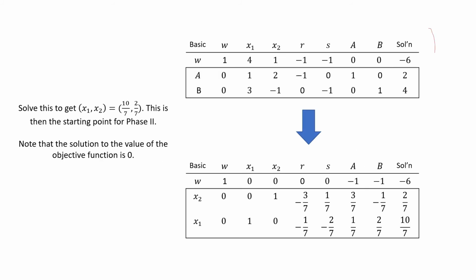So here's what we had for our objective function, or our tableau, at the start of phase 1. When you solve it out, you get this. You actually get a 0 here. That is our tableau after phase 1.